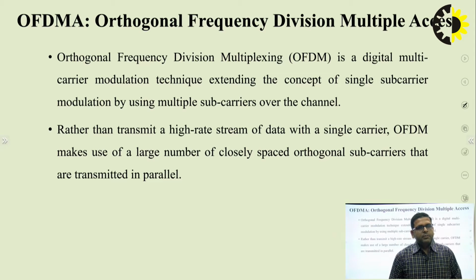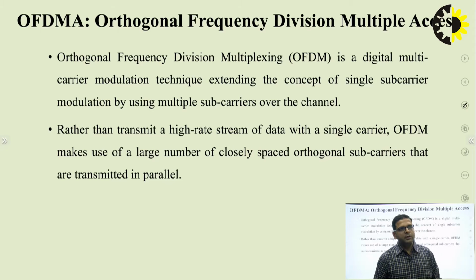After time division multiple access, the code division multiple access technique was introduced, which uses various orthogonal codes to encode the users' information, and after encoding, the combined information can be transmitted on a single channel. We have discussed all these things earlier.